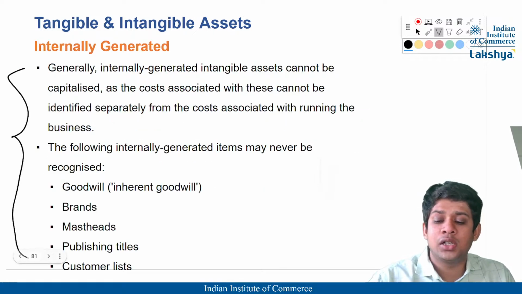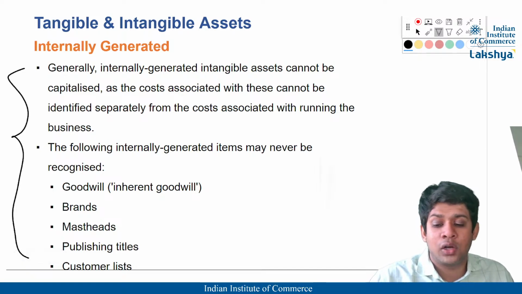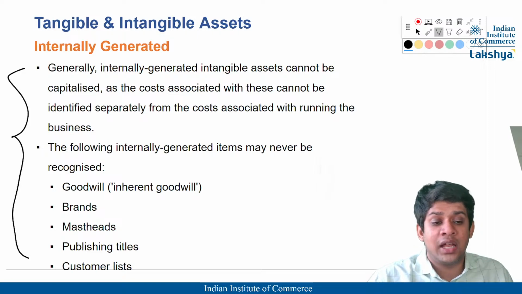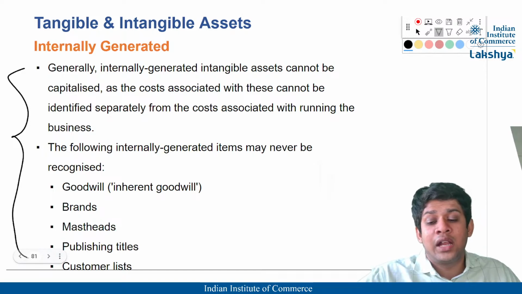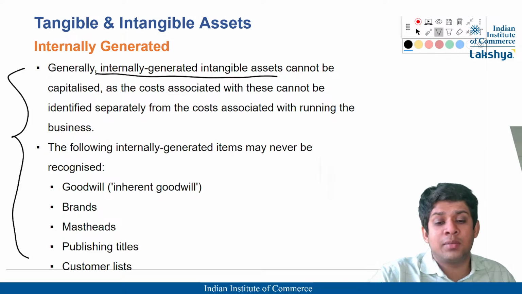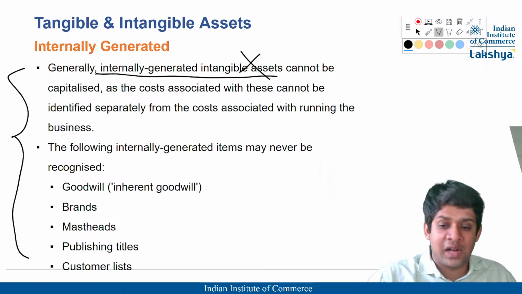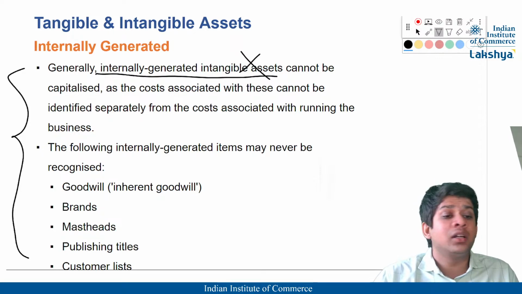Now there would be certain internally generated assets. That means within the company they have worked hard for a couple of years and created a brand name for themselves. They have created goodwill for themselves. So they are internally generated. Those internally generated assets cannot be recognized as an intangible asset within the financial statements because they cannot be separately sold.